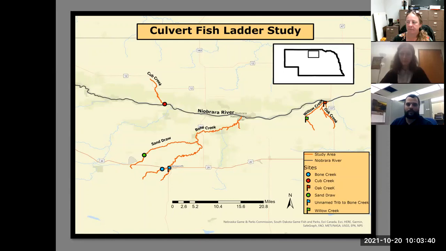And the colors, the blue means that they had a smaller hang height, and the green means they had a middle-sized hang height, and the red means that they had a larger hang height. So as we move down the system, we start to get bigger drops in these culverts.